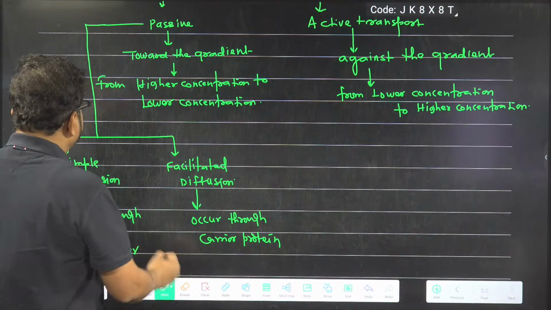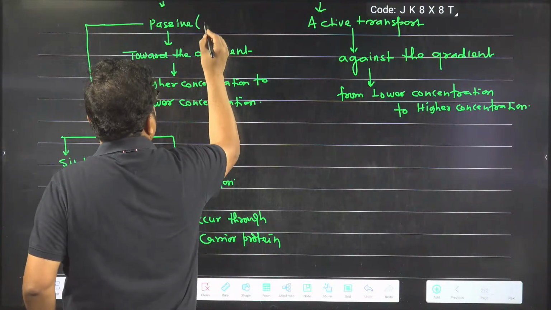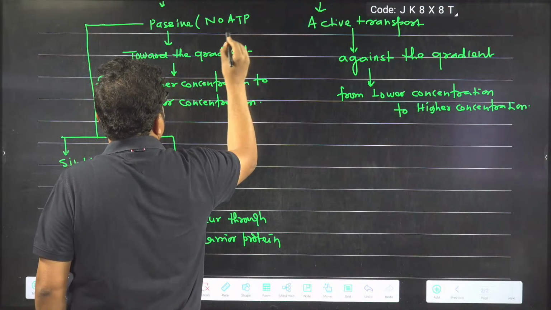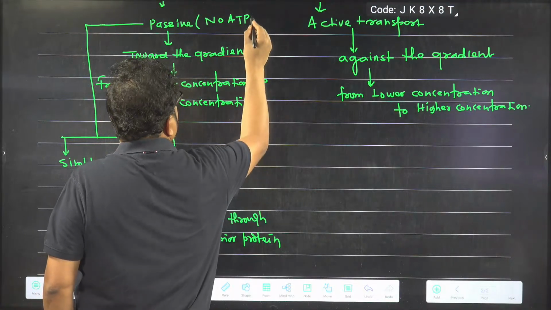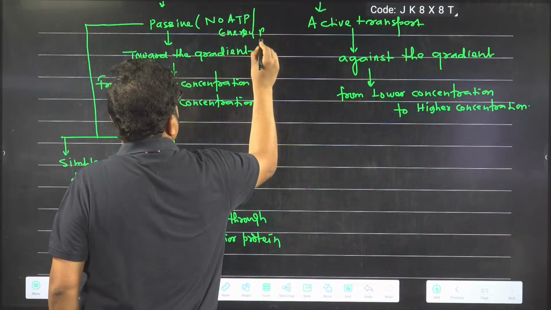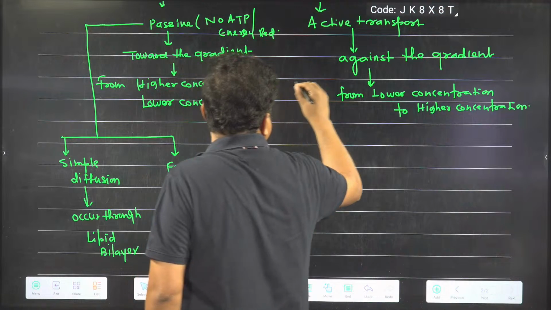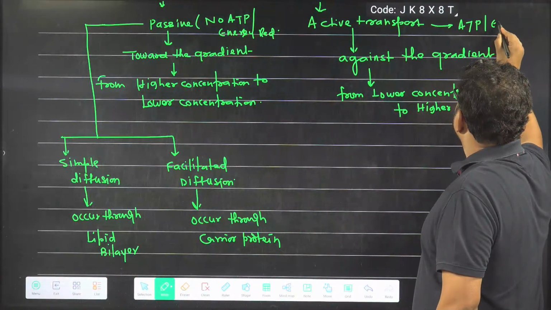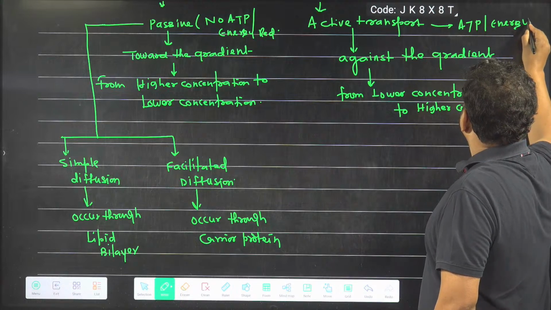Got the idea? So in passive transport, no ATP is required. In active transport, ATP, which is a coin of energy, is required.